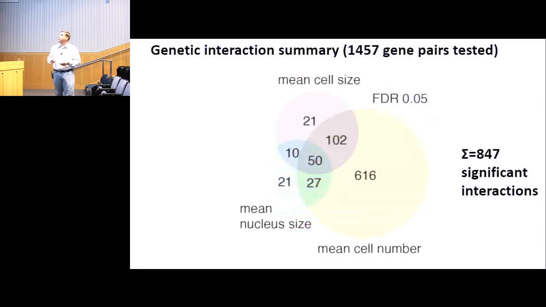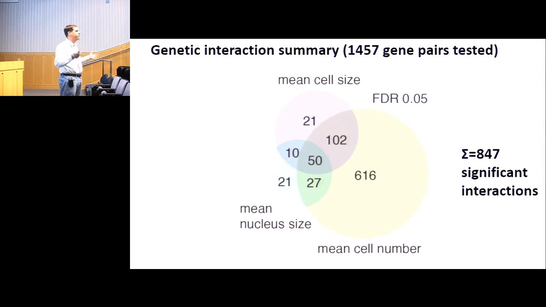And a little bit surprisingly, of the 1,457 gene pairs that we tested in this matrix, for which we did about 20,000 independent experiments to generate this data set, we found about 850 significant interactions. We collapsed these into 3 major phenotypes that were not correlated with other phenotypes.